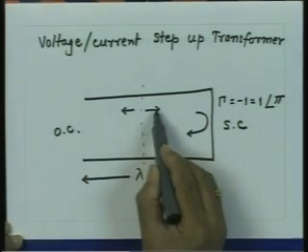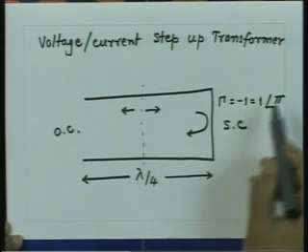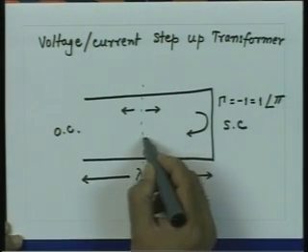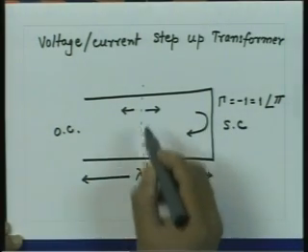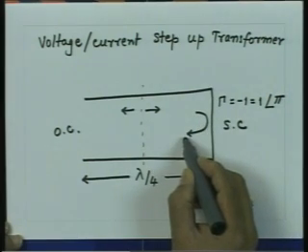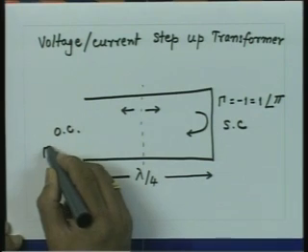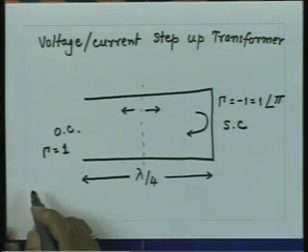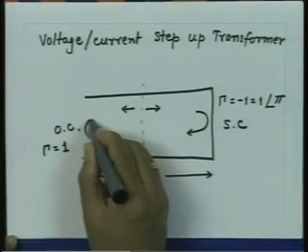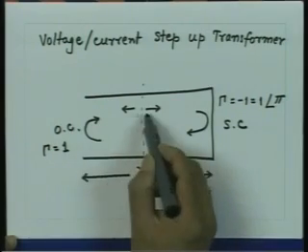This wave which was travelling rightwards undergoes a phase change of pi after reflection. It then travels all the way up to the open circuit. I am considering only this wave. It gets reflected from the short circuit point and travels to the open circuit point. At the open circuit, the reflection coefficient is +1, magnitude 1 and angle 0. So, the entire wave gets reflected with no phase change and reaches this location.